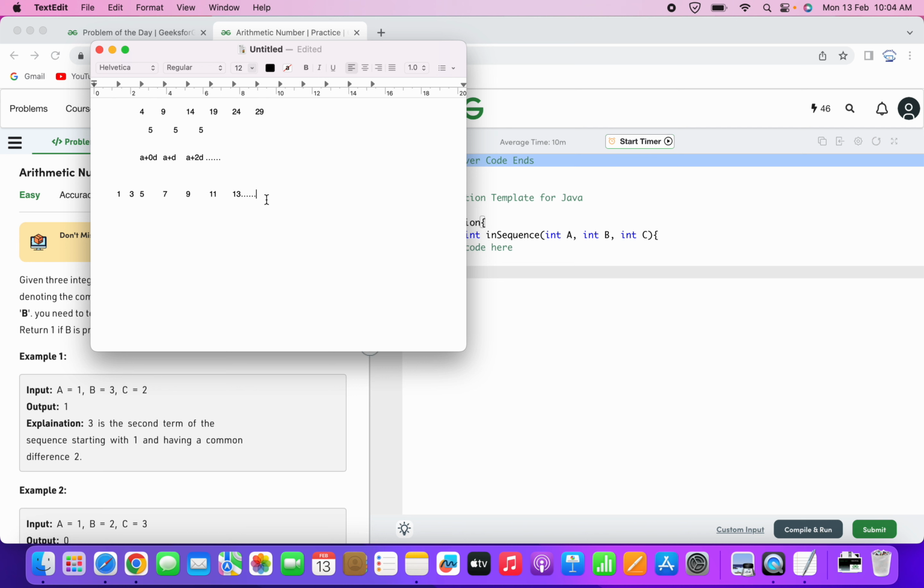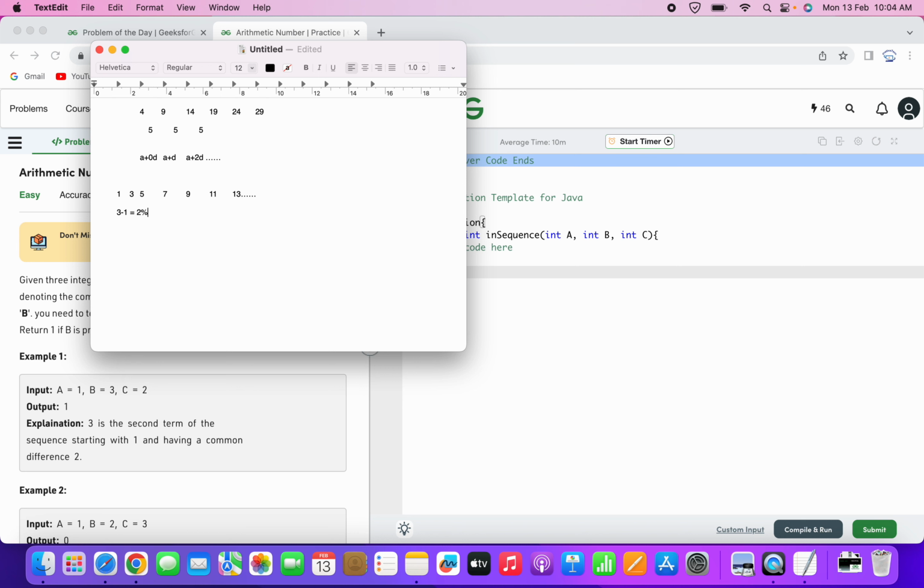So what we will do is subtract a from whatever b is given, and find whether that is divisible by c or not. Suppose in this sequence we subtract 3 minus 1, here it will be 2.